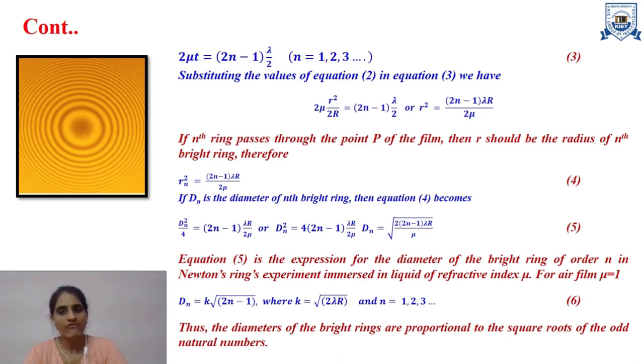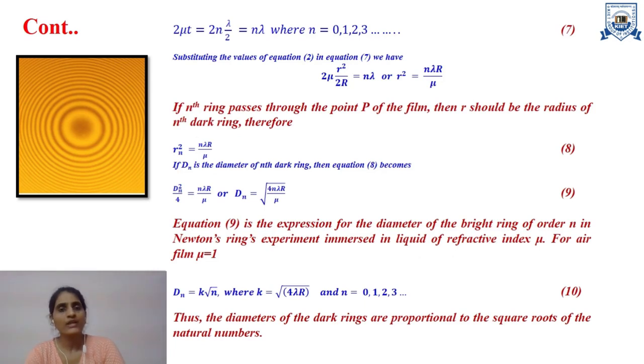So my equation 5 is rewritten as dn is equal to k square root of (2n minus 1), where k is square root of 2 lambda R and n is 1, 2 and 3. This equation says, thus, the diameter of bright rings are proportional to the square roots of odd natural numbers.